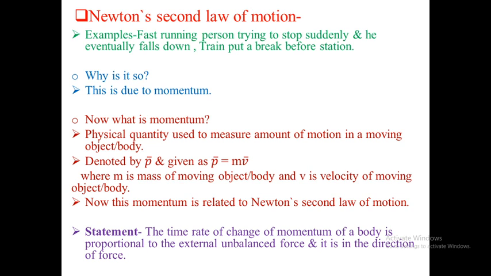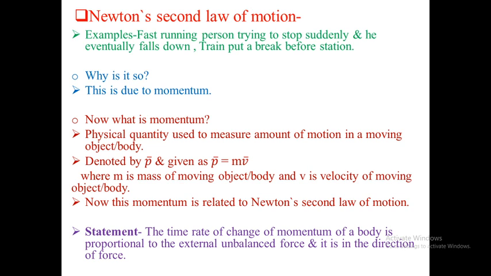This means the rate of change of momentum with respect to time of the moving body will be directly proportional to the external unbalanced force, and the momentum change and the direction of this force are in the same direction. Okay, so this is the statement of Newton's second law of motion.